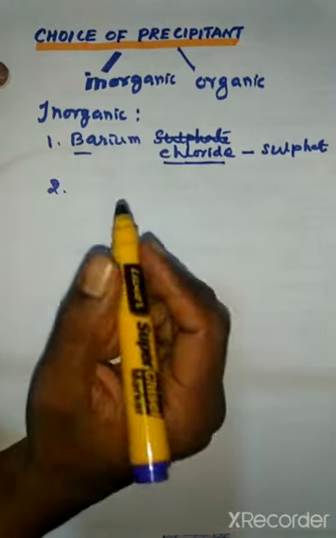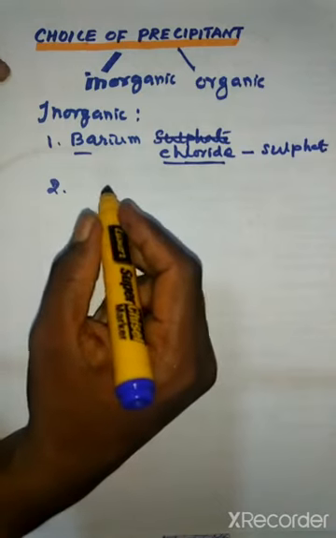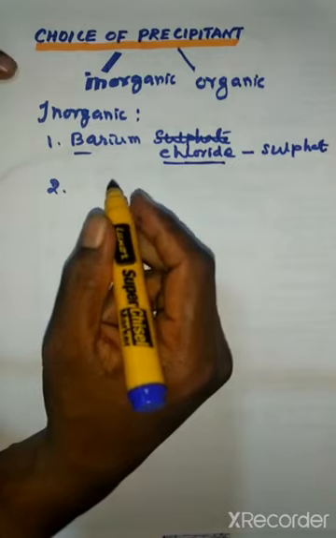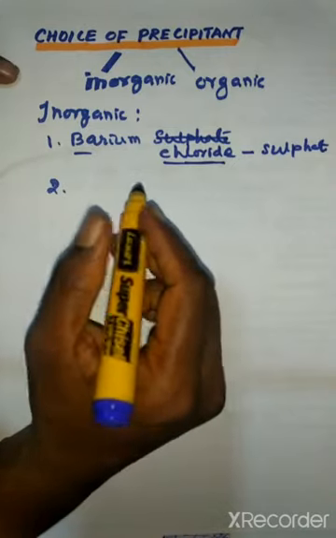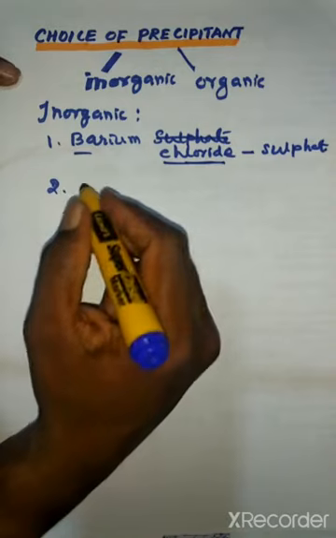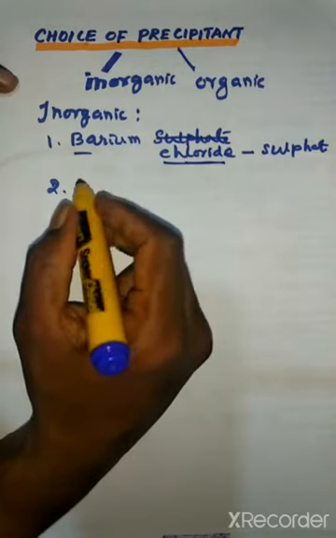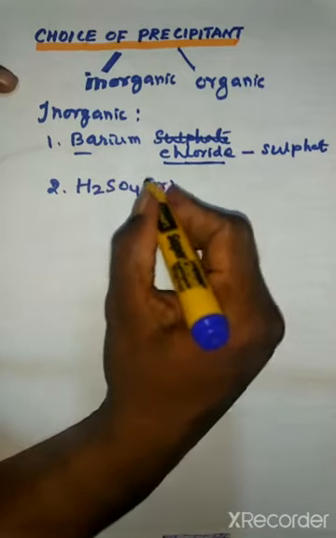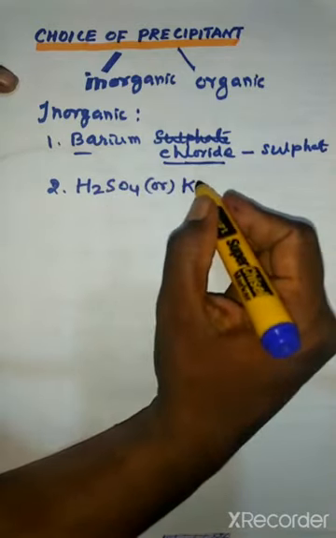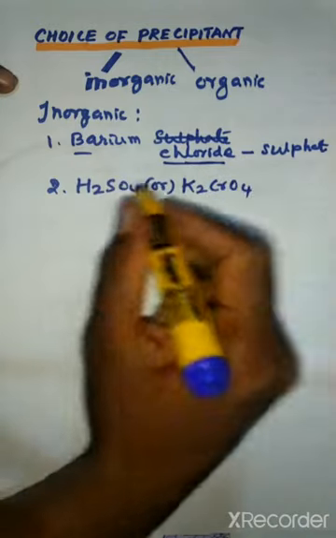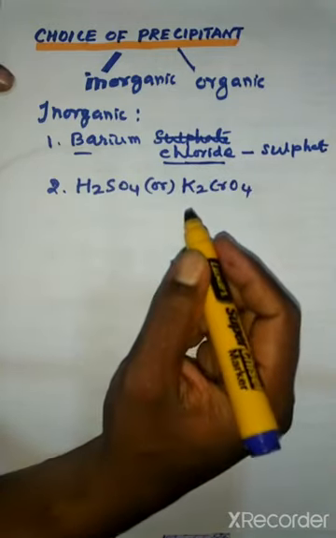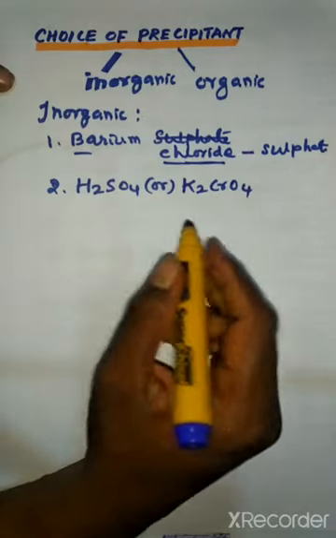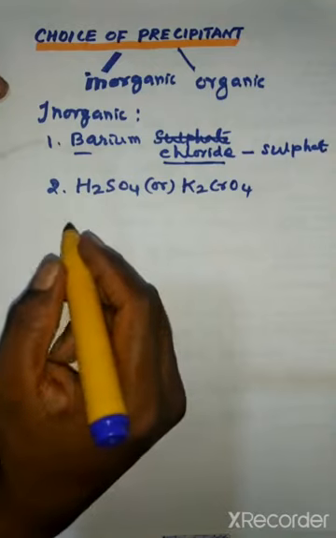Further, barium is estimated using a precipitant like sulfuric acid or potassium chromate. These are also precipitating agents, and they are all inorganic substances, so they come under inorganic precipitating agents.